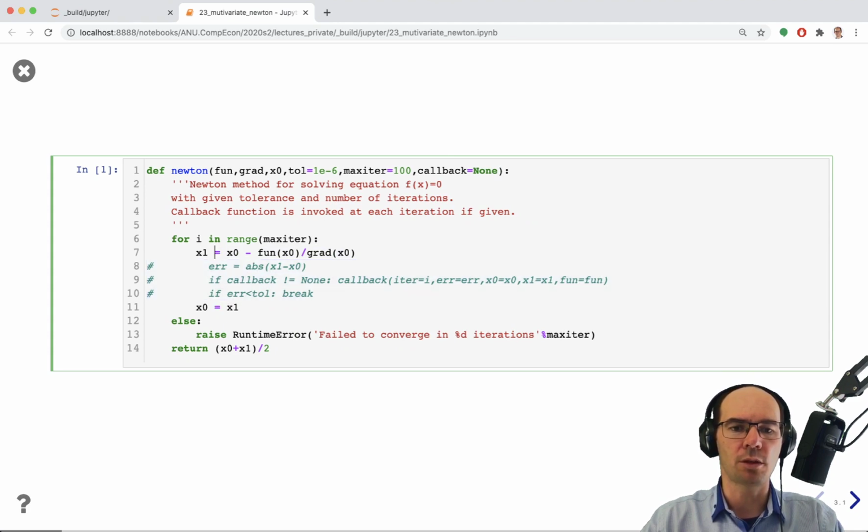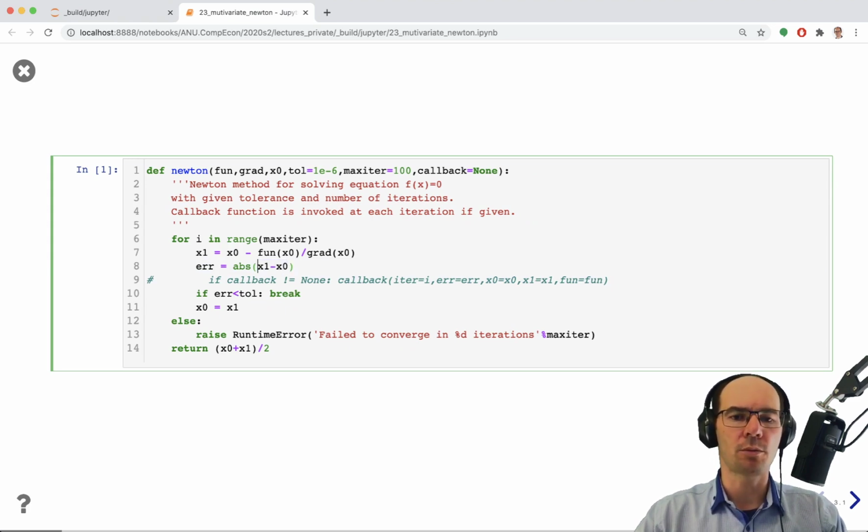You can see the Newton step in line 7, and we are calculating the error as the distance between the two consecutive approximations. As you can see, this works on scalars. And we break out of the loop if the error becomes less than tolerance.